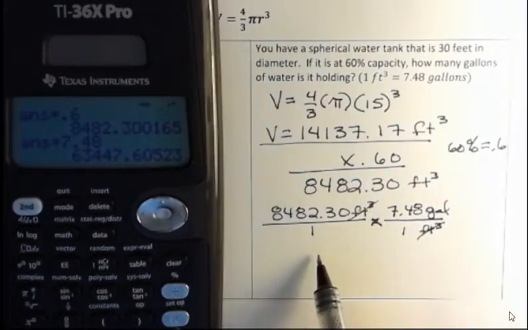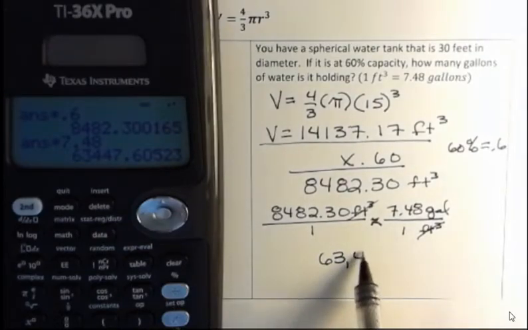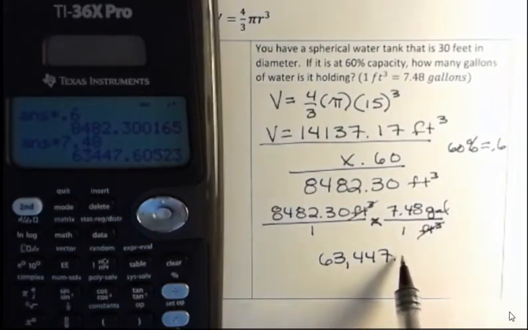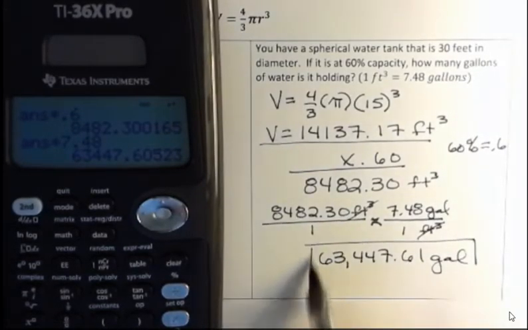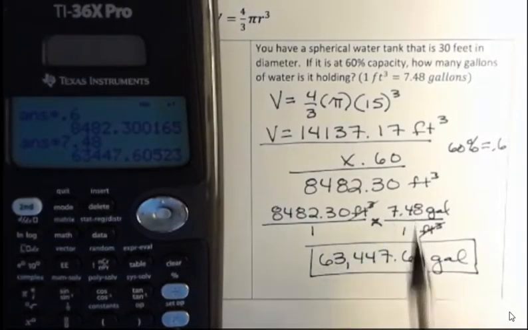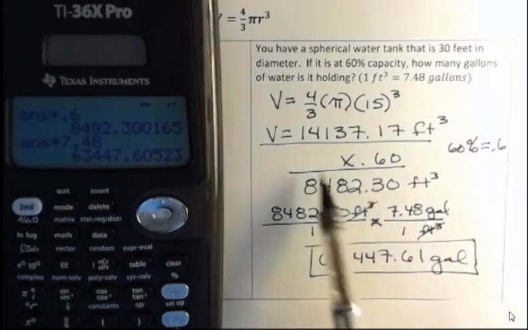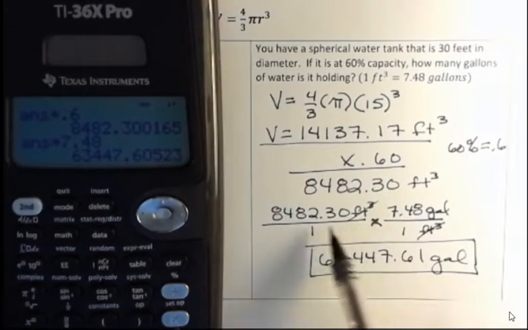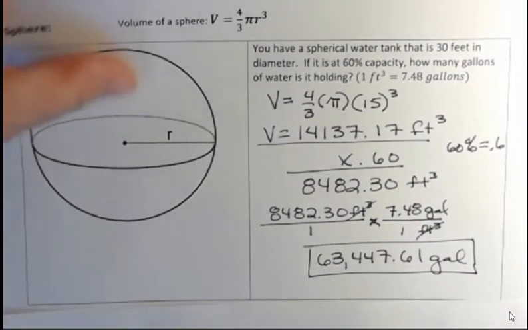And so what I find out is they actually have 63,447.61 gallons. Yes, you have a lot more gallons than cubic feet because each cubic foot has almost 7.5 gallons of water in it. So we find the volume, we multiplied by 60%, and then we converted those cubic feet into gallons. That's kind of challenging, but fun.